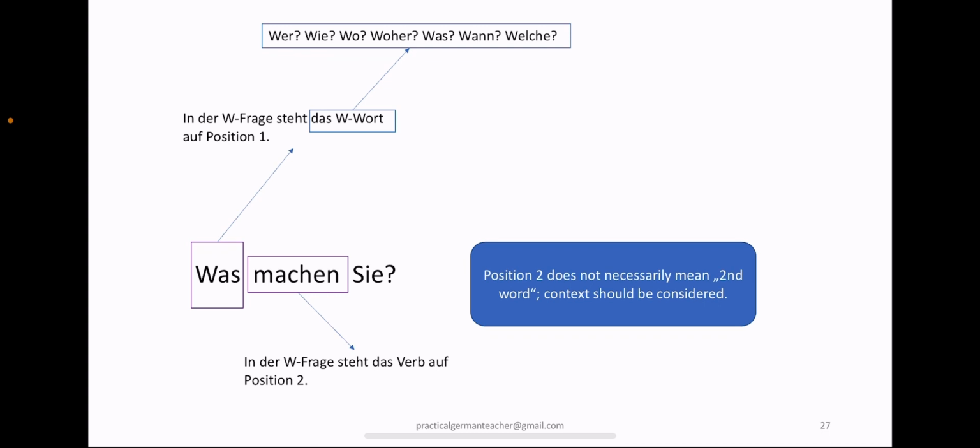Let's say if you want to say how many books do you read, you will say wie viele Bücher lesen Sie. So wie viele is the first position. These two words are at the first position. Lesen is at the second position, even though it is the third word in the sentence. That's what I mean. Position 2 does not necessarily mean second word.